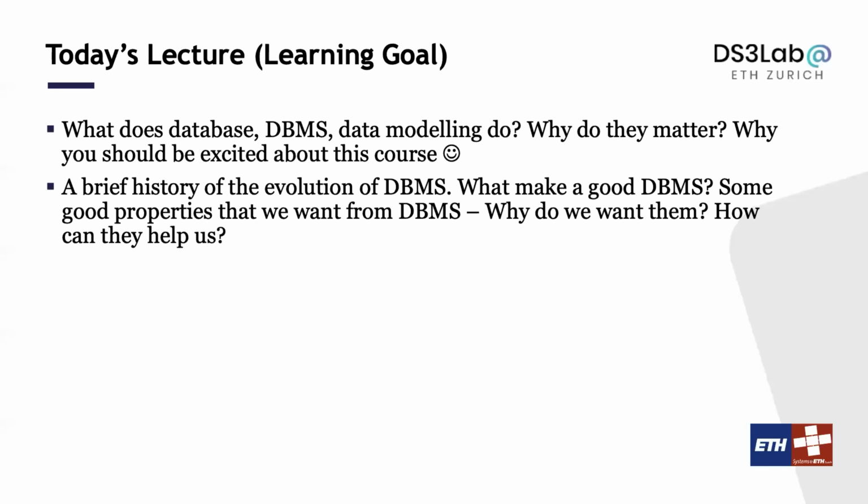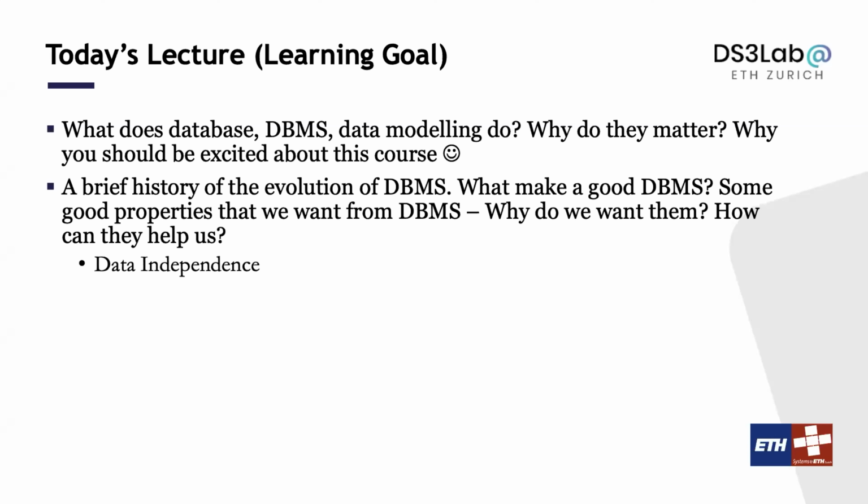We are also going to talk briefly about the evolution of database management systems. From the history and from how people have thought about databases over the years, we try to abstract the good properties that we want from a database management system. We are going to talk about why we want them and how they can help you.